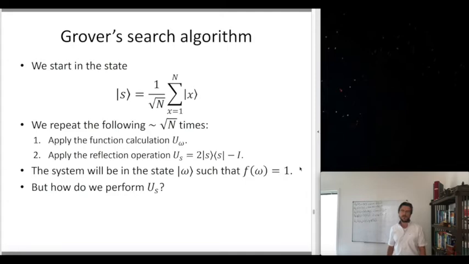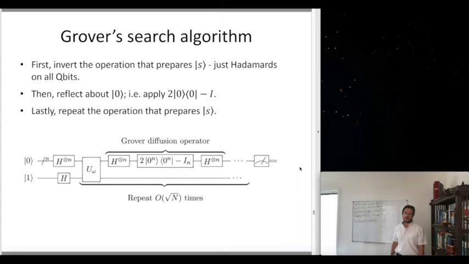So repeat the following square root of n times, so the application of u of omega, which we see here, and then the reflection operation, which is described here as u of s, and then the outer product of whatever s is, minus I. So the system then will be in the state omega such that f of omega equals 1. So if you end up doing it for 1 million entries database, you do it 1,000 times. But how do we perform U S?